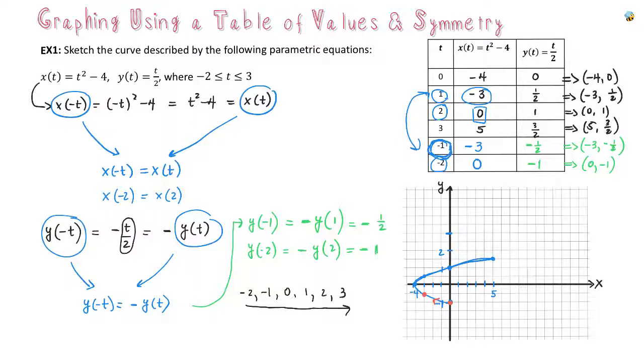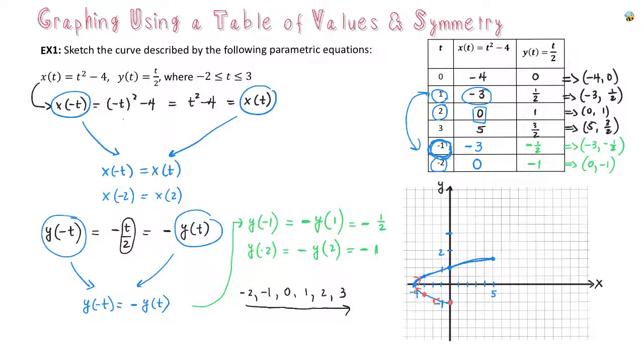But let me continue with a few more points so that I get the right direction. I want to make sure that I specify the correct direction. So when t is equal to 0, the point was (-4, 0). That means that we're here. When t is equal to 1, the point is (-3, 1/2), right here. So it seems as if, indeed, we continue to move in this direction.